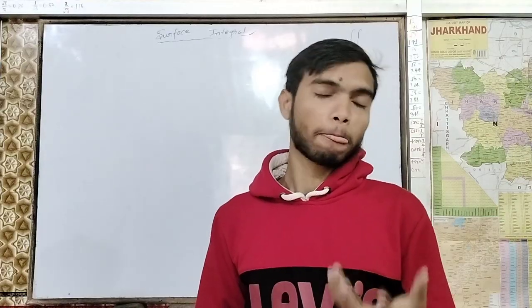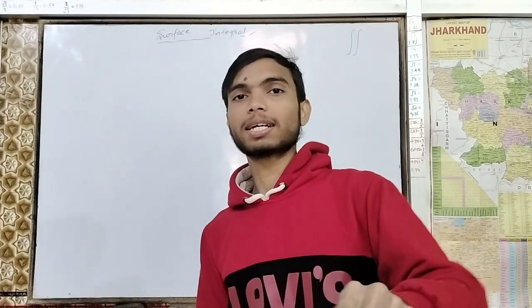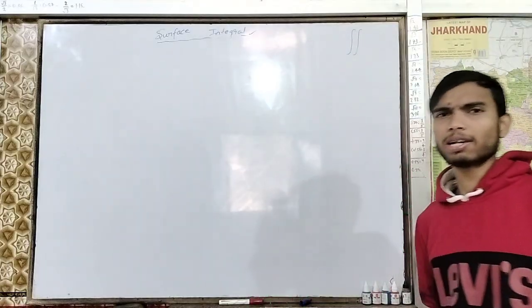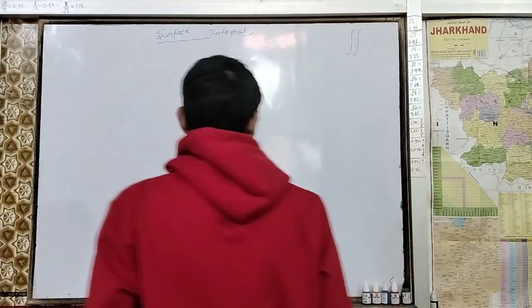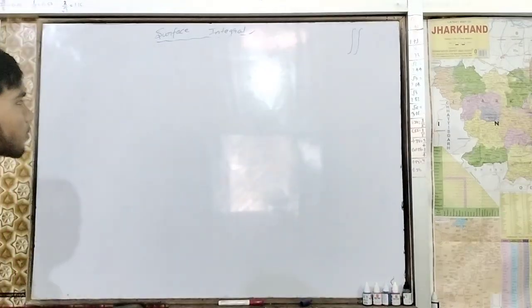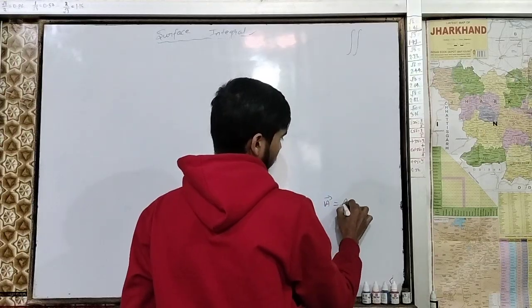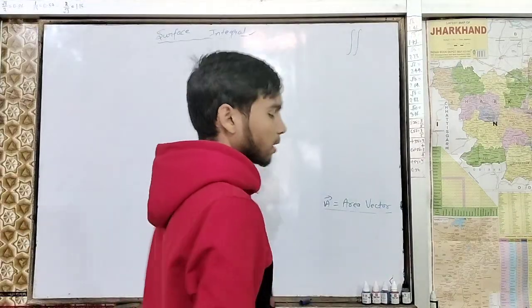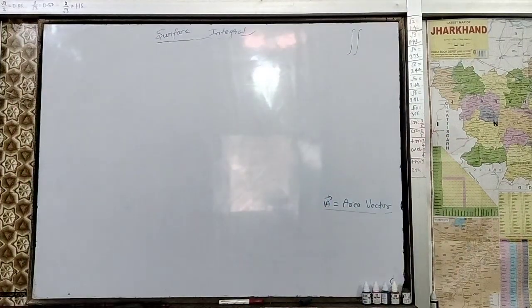What are we doing? We are considering the area quantity as a vector quantity, so finally we can say our area is going to be an area vector. A means area vector, the area of some region.